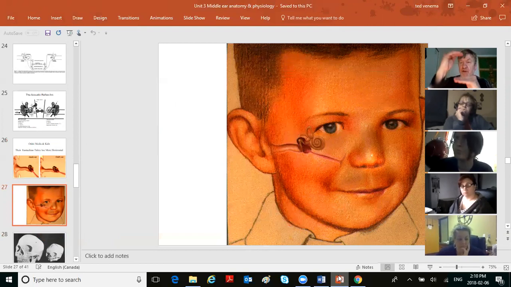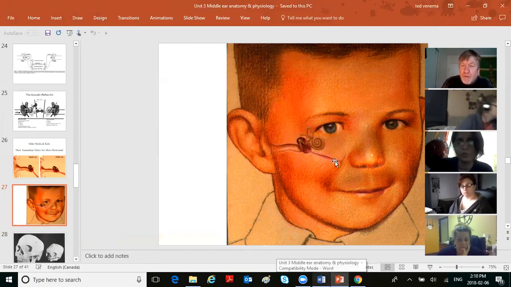Children's faces are shorter. And because children's faces are shorter, the tube going from the middle ear to the tonsils is more horizontal. We've all had it when we blow our nose real hard, you feel it up in your ears. That's your eustachian tubes. This is the eustachian tube.